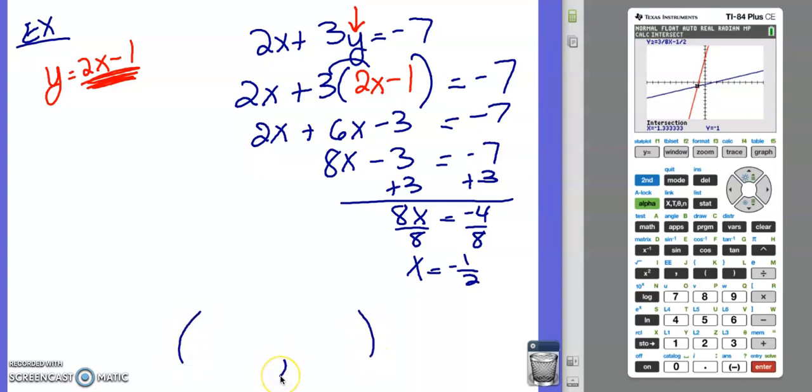Remember, keep in mind, you have to find a point, which is your x and your y. So the x part of the point is negative 1/2, and then I need to substitute that back in. Again, right back here is the easiest spot. You can plug it back into either one of the beginning equations, but this one's easier.